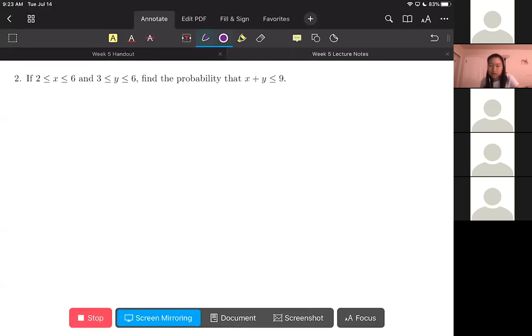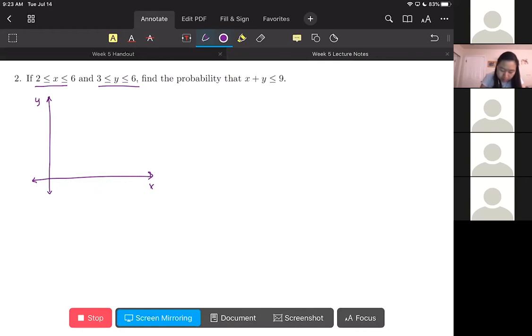So what I would suggest when you see a problem like this is to draw something out and see what we can see from the graph. Here, instead of it being on a line, because we have 2 variables, we want to draw in a coordinate system with 2 axes. So let's have x and y on these axes. Let's first draw out what these mean.